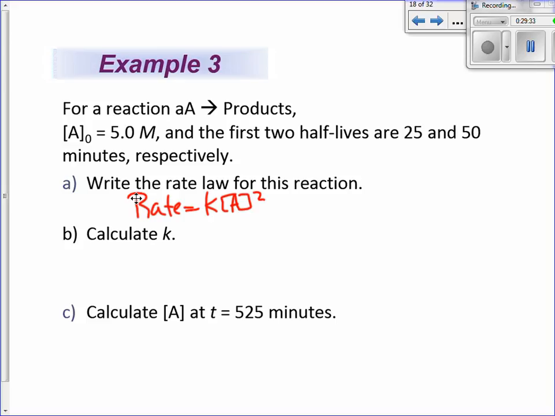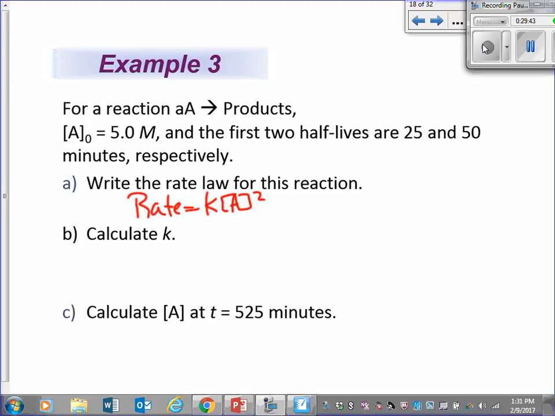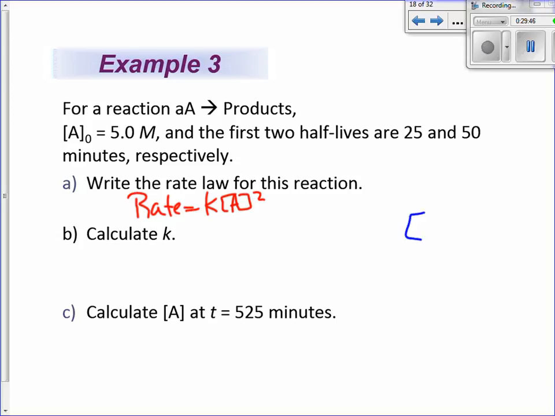Now, you take some time, go ahead to figure out the concentration of A when t is 525 minutes. We do know the initial concentration, which is 5. We also know the half-lives. What is it at the initial?